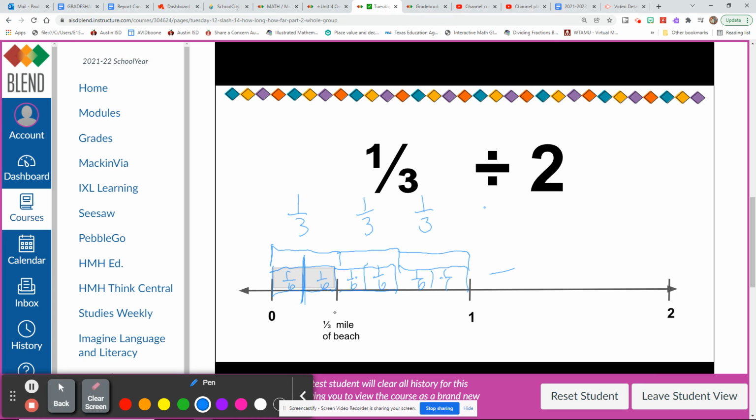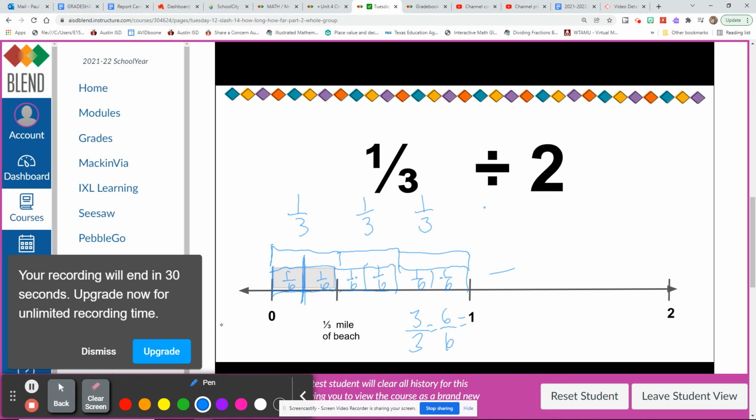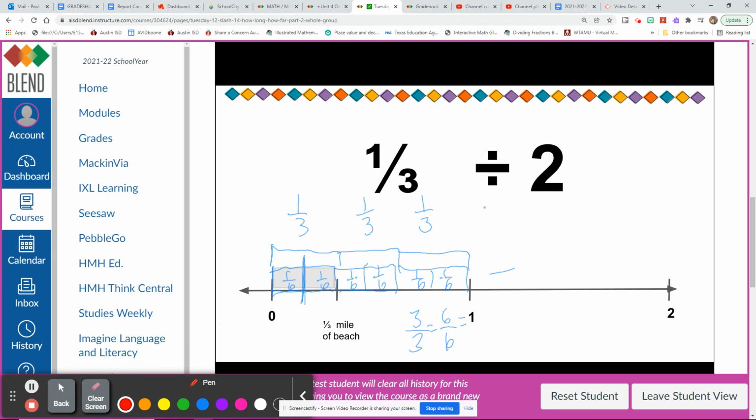Because 3/3 is equal to 6/6, which is equal to 1. So when you cut that 1/3 size piece in half, that gives you a 1/6 size piece. So a 1/3 size piece divided into two pieces gives you a 1/6 size piece.